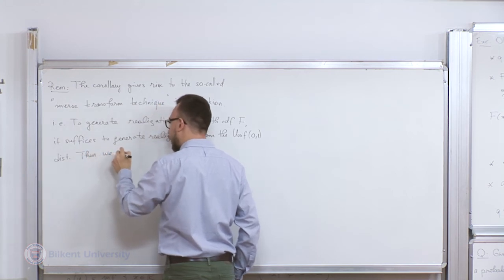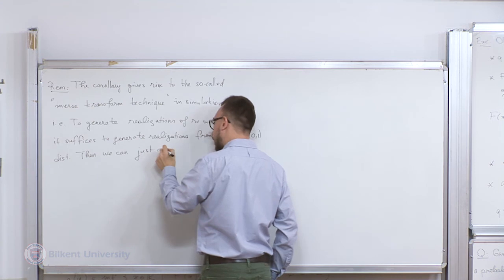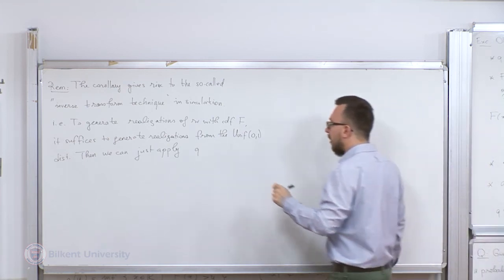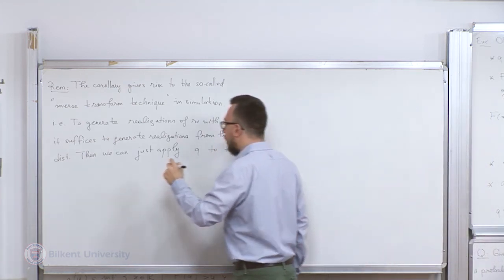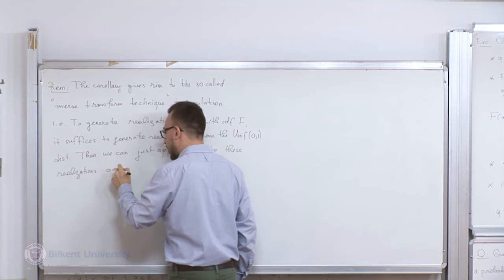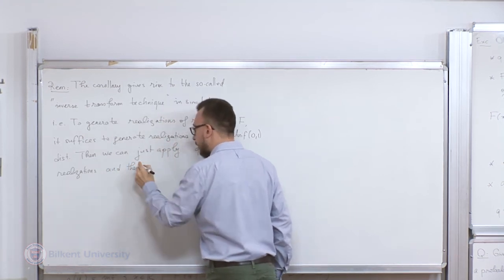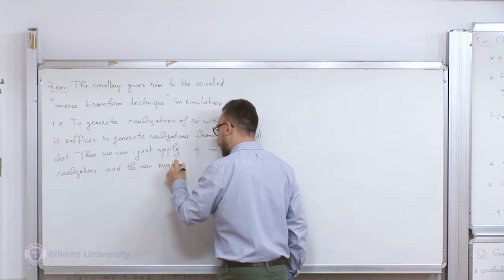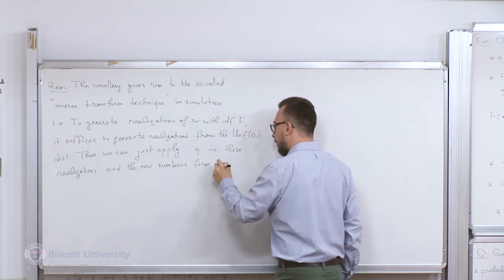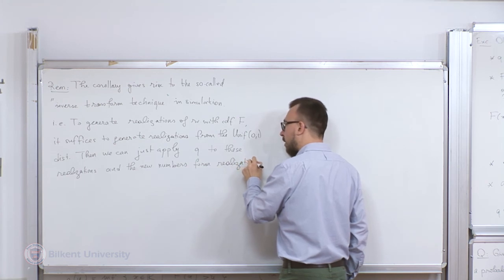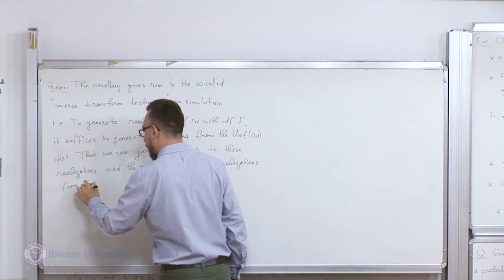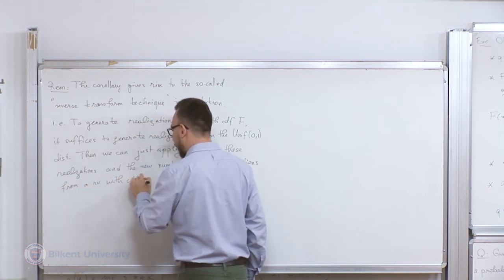Then we can just apply Q, which is this inverse transform, to these realizations, and the new numbers form realizations from a random variable with CDF F.